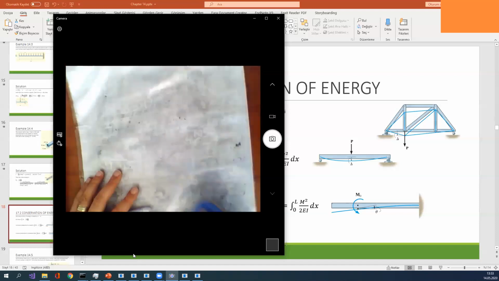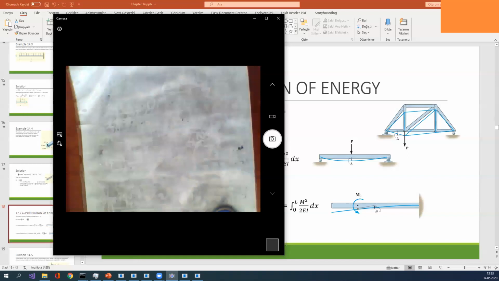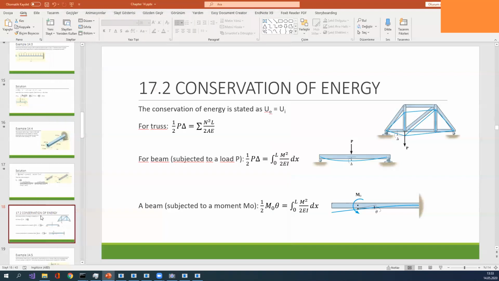Okay, let's continue. What is the meaning of conservation of energy? U_E is equal to U_I. For a truss, 1/2 P times delta: if we put an external load P here and want to measure delta at this point, we calculate it using this formulation. And what about a beam?